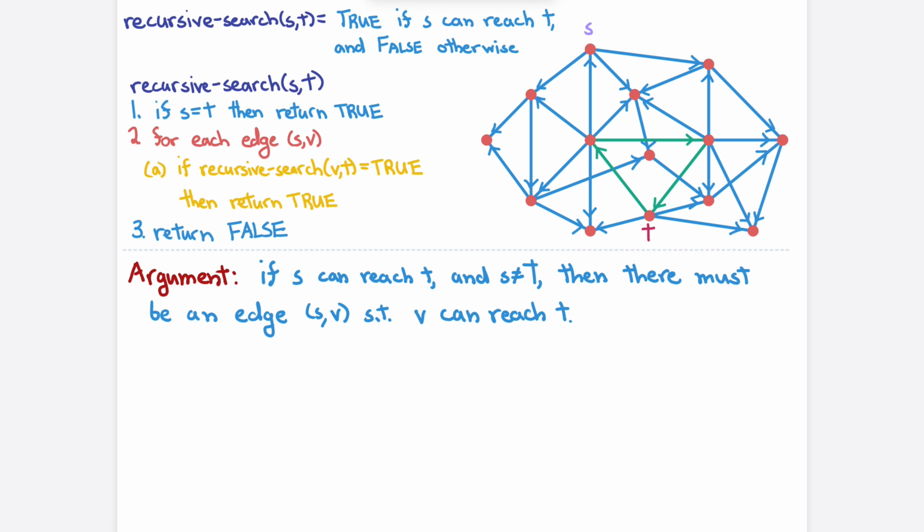That seems like a completely plausible argument, right? And in particular, at this point, we can say by induction, or recursively, that recursive VT will return true. Yeah. Isn't this technically not correct though? Because if you have a cycle, then you can.